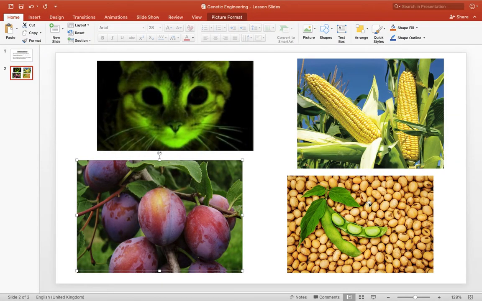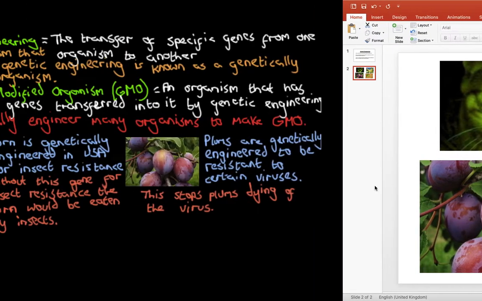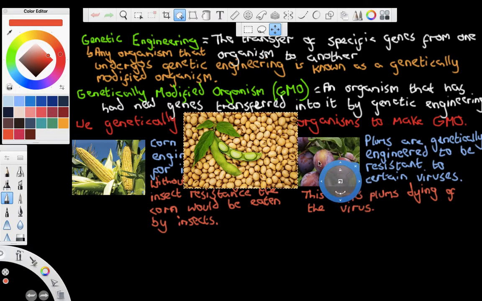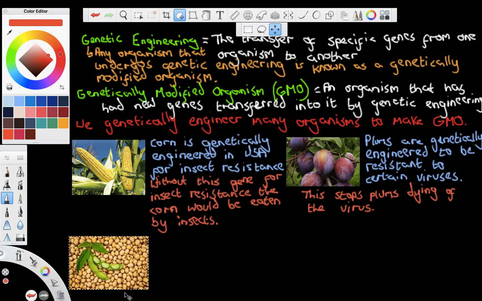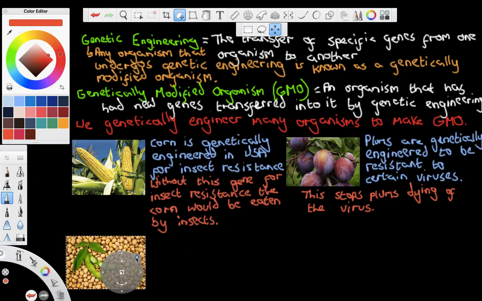Another example that I researched was soybeans. Soybeans make up a large part of, particularly, a vegetarian's diet. They're added to lots of things and they make up soy protein. Now these have a herbicide tolerance.